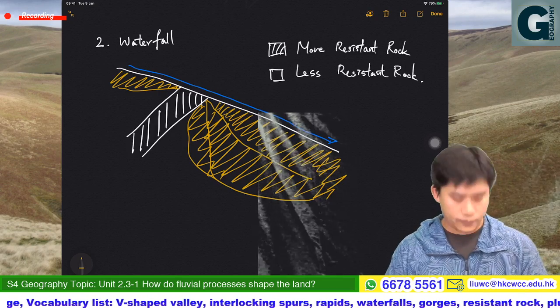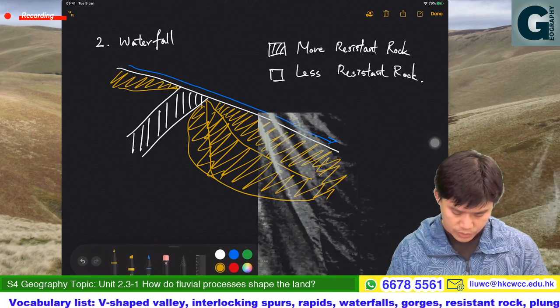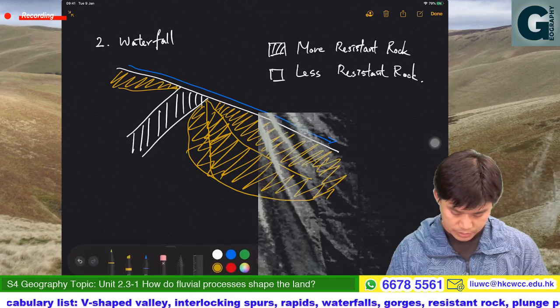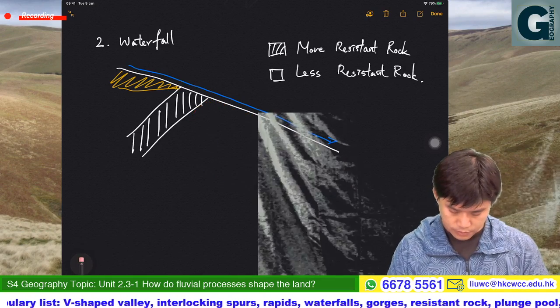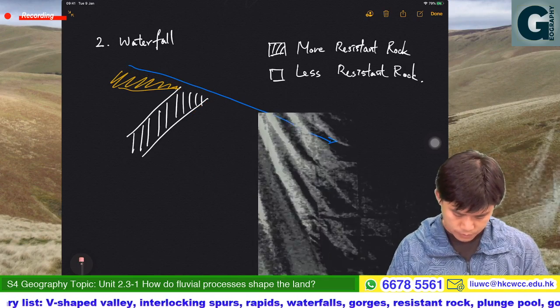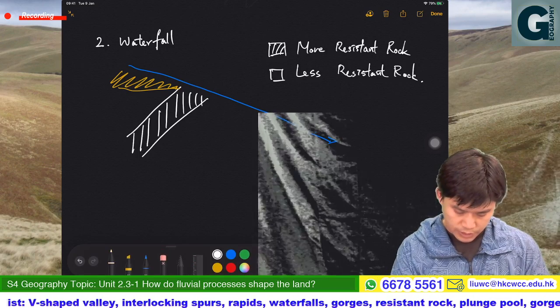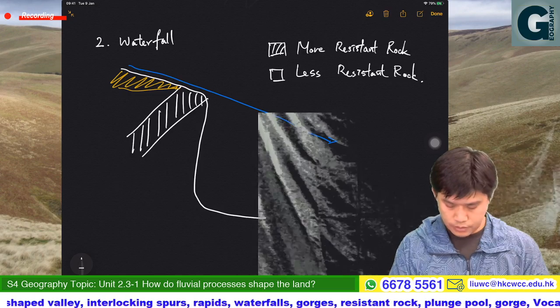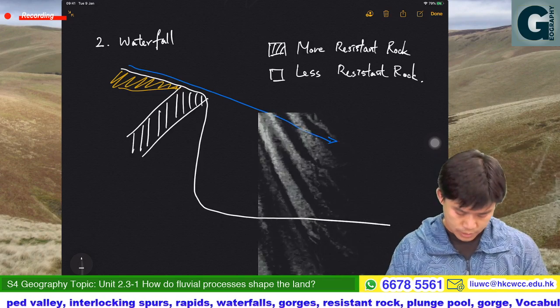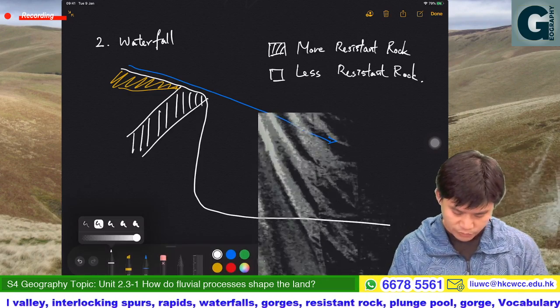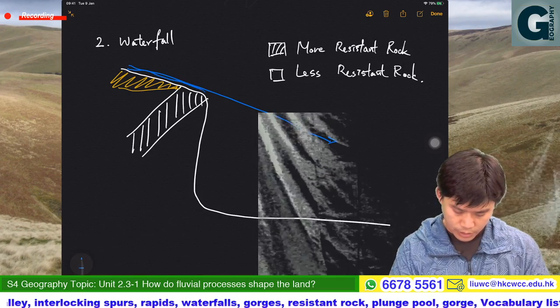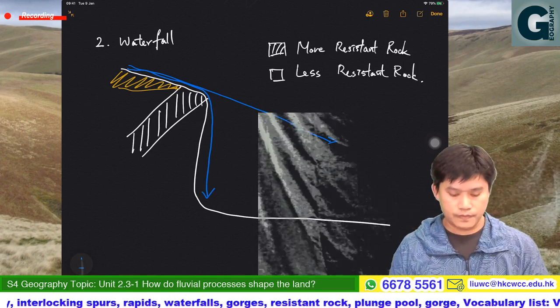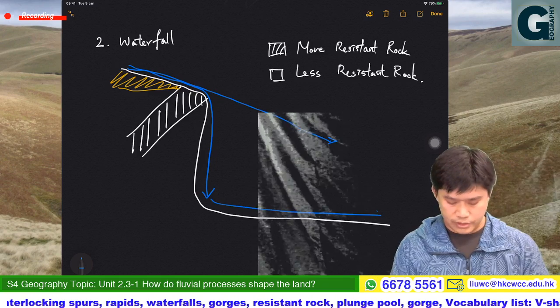So therefore the new landscape would be like this. The new landscape would be like this, and the water will flow at this point and flow to downstream.